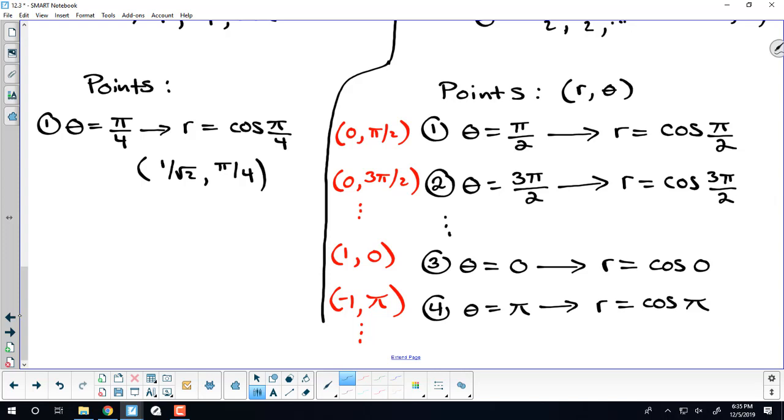Oh, well, I guess we'll do that. So I would at least write down a few of these, and then you can compare: are we talking about the same points, or are they all giving me different points? So that's r equals cosine of 3 pi over 4. So it's negative 1 over root 2.